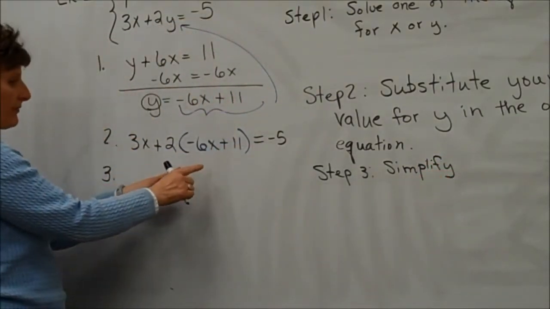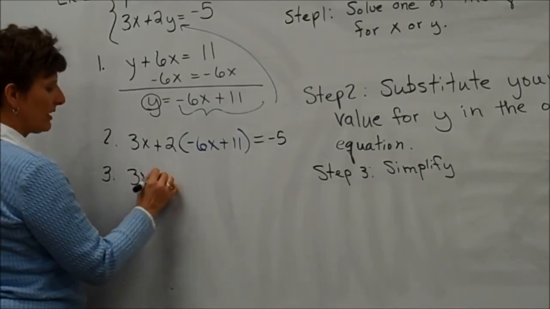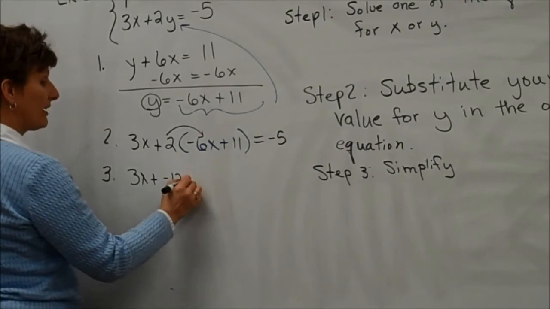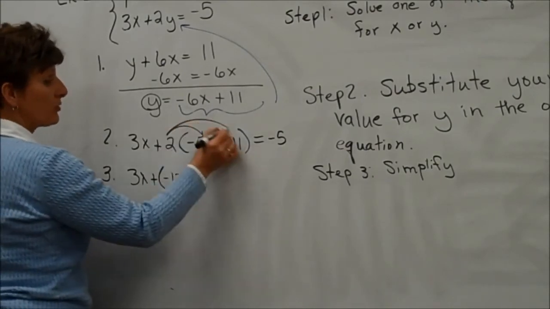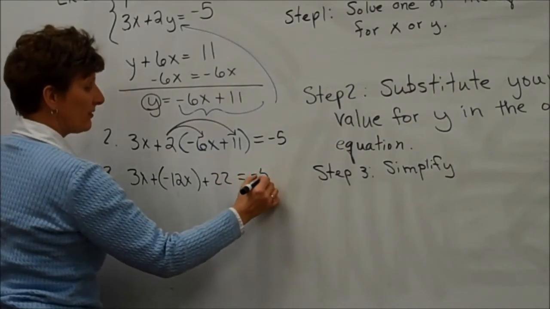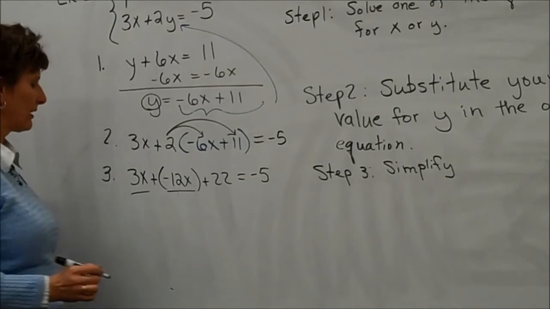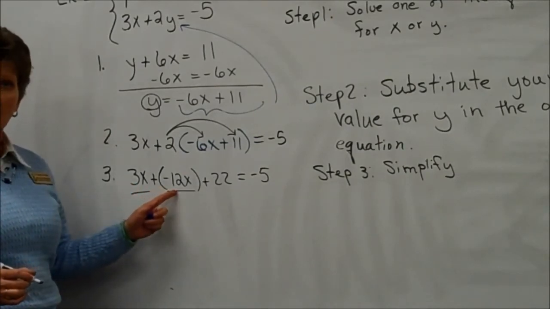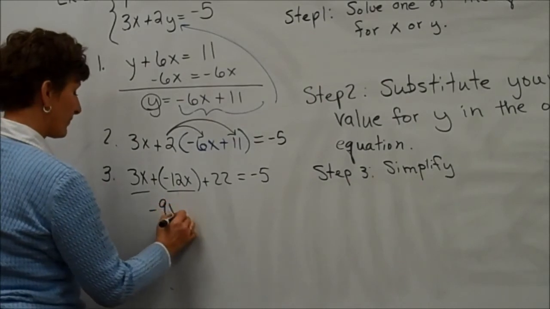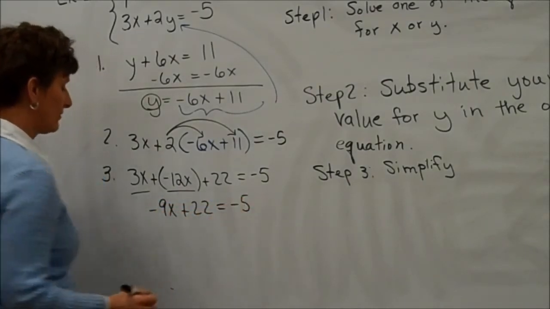I know that my first step will be to distribute, so I'm going to write 3x plus 2 times -6x is -12x. And 2 times 11 is 22 equals -5. Now I have some like terms, and I'll combine my like terms. 3x plus -12x is -9x plus 22 equals -5.